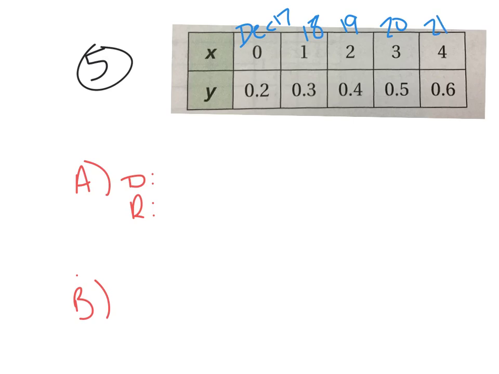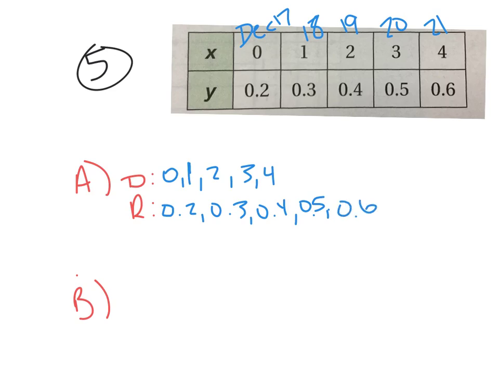Good. I put that in there now while I'm thinking about it, because you have to have that to answer B. So now, what would the domain be? 0, 1, 2, 3, 4. And the range would be? 0.2, 0.3, 0.4, 0.5, 0.6. Very good.